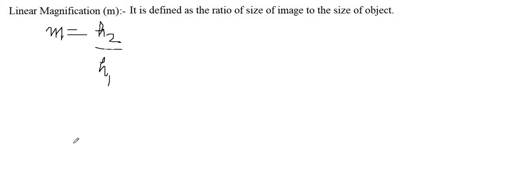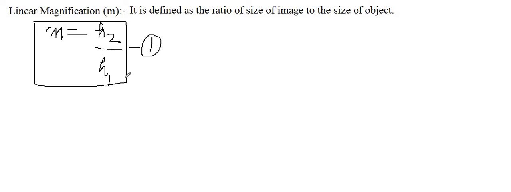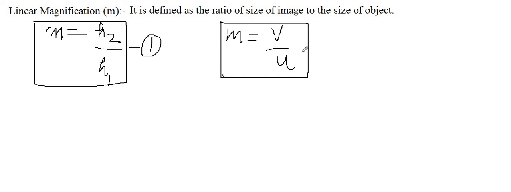So linear magnification is the ratio of the size of the image to the size of the object. So the first formula for magnification will be h2 upon h1, where h2 is the size of the image and h1 is the size of the object. Now there is one more formula for magnification, written in terms of image distance and object distance, and the formula is v upon u, where v is the image distance and u is the object distance.